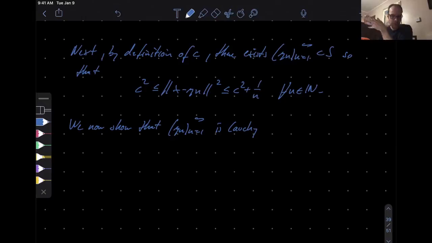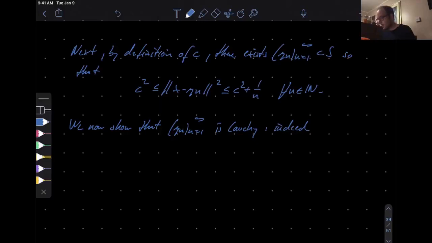This was a comment I made earlier. If you have a closed subset of a Hilbert space, then it's itself a Hilbert space. So once we show that yn is Cauchy, then it will have a limit in S, and that guy will be our minimizer. Okay. So it's non-constructive proof. That's the big difference to linear algebra, where you actually write down a formula for the minimizer.